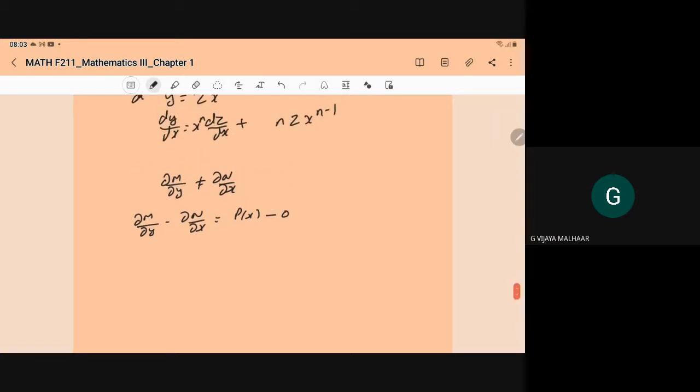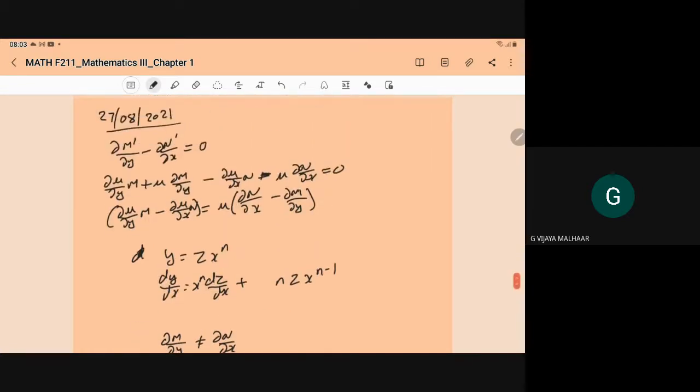So now we have to identify what can be the integrating factor. If you compute del M by del y minus del N by del x, it will come p(x) minus 0, and if you divide by N, N is 1.